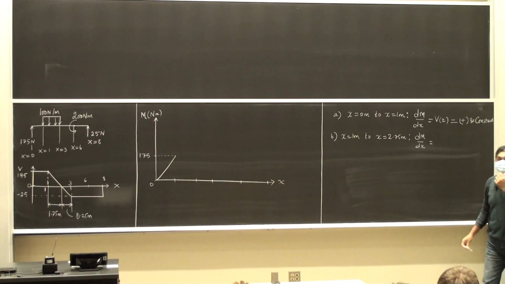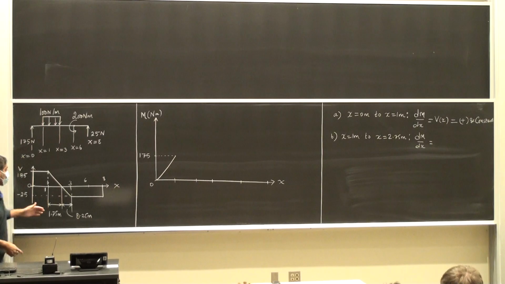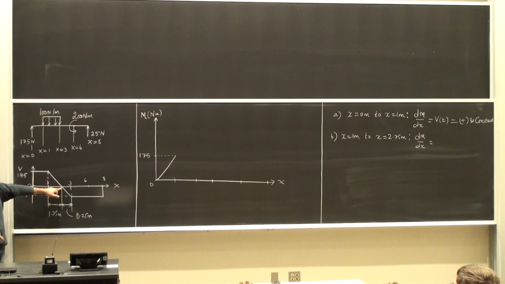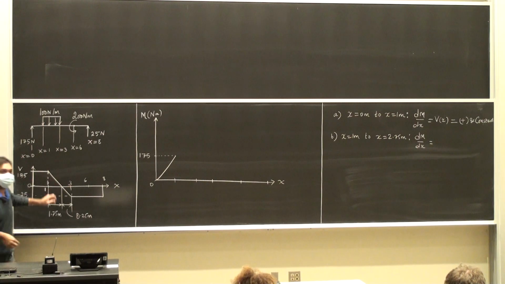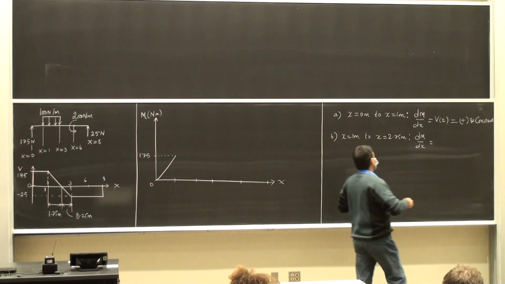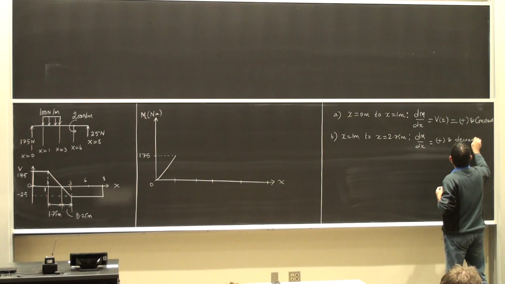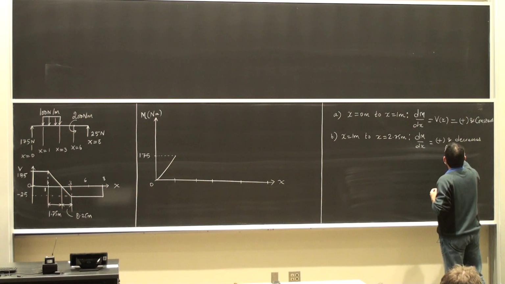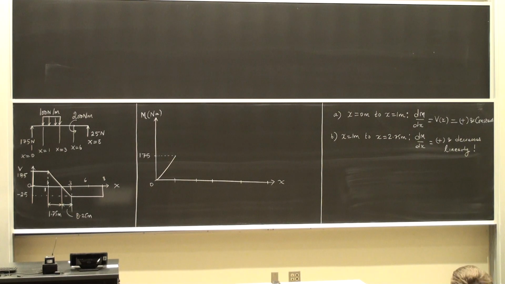From x is equal to 1 to x is equal to 2.75, the slope of the bending moment diagram is equal to the shear force value, which is positive and decreasing linearly. Okay, so this is V of x, positive. Does this make sense to everybody?